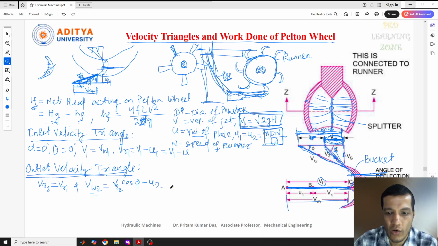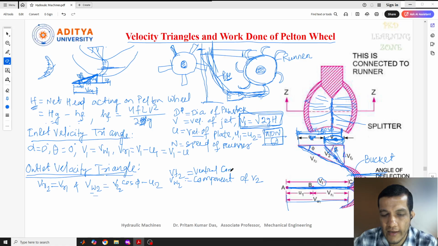VW2 is also the component of V2, and VF2 is also a component of V2: this is the vertical component of V2, and this is the horizontal component of V2. I hope you understand.